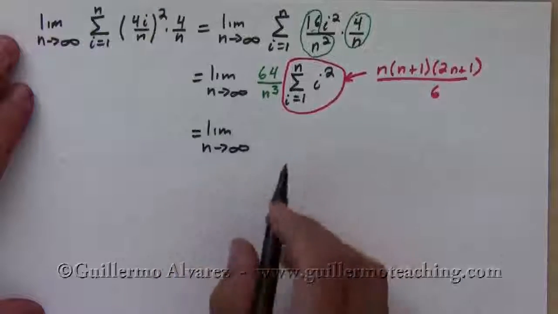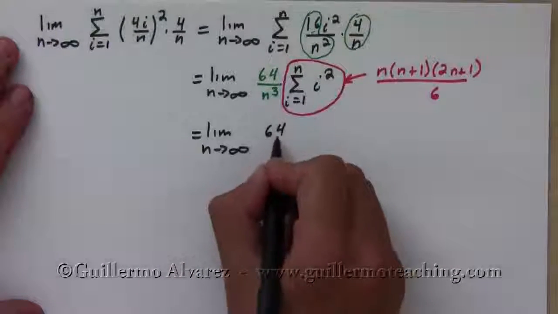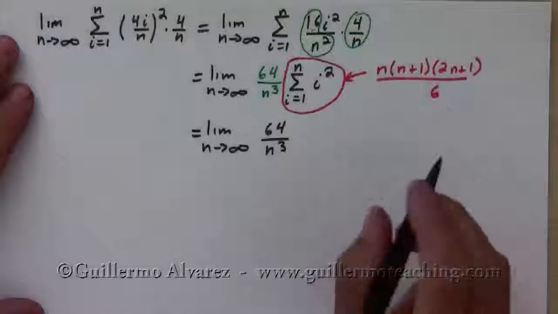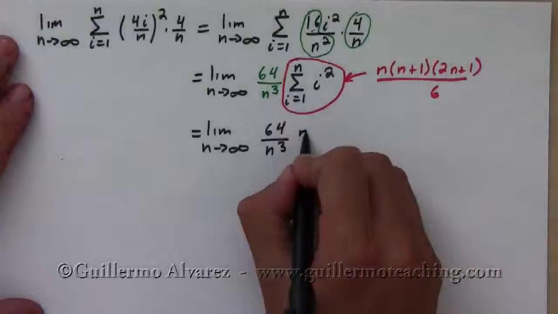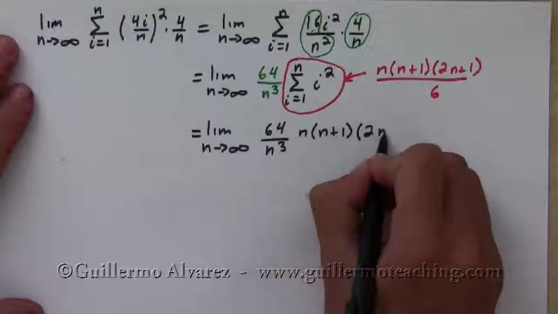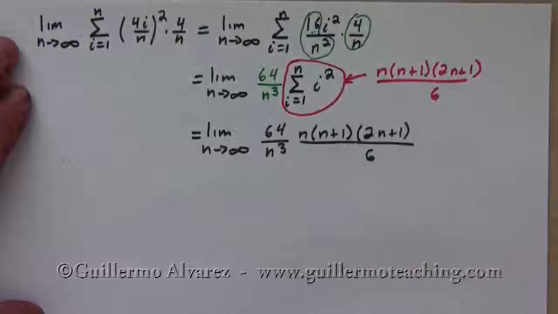So what we have is the limit as n goes to infinity of 64 over n cubed times n times n plus 1, 2n plus 1, all over 6.